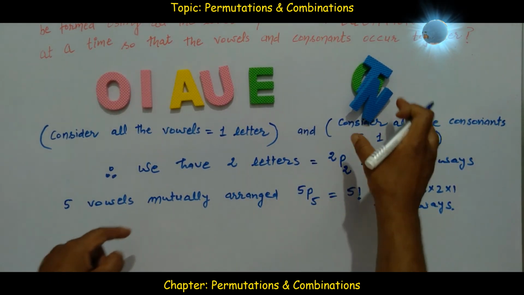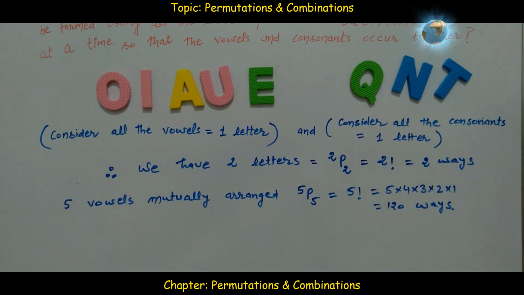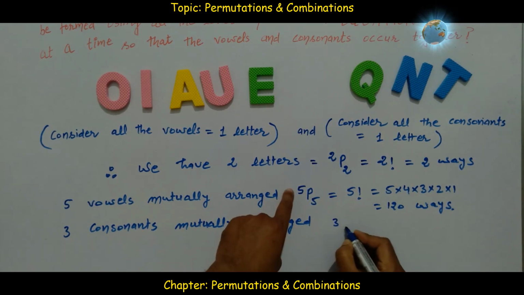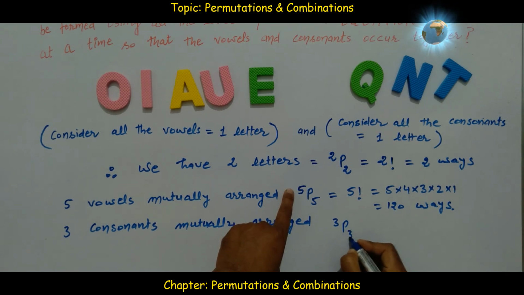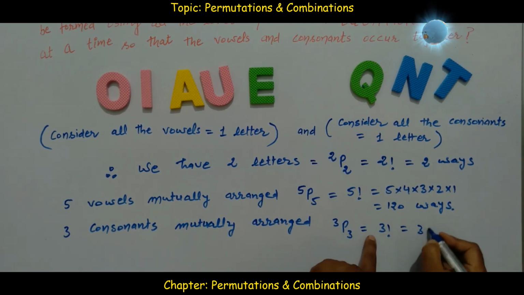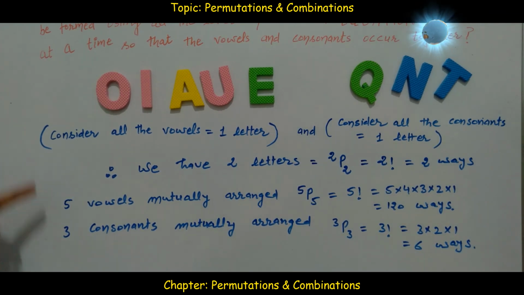Similarly, here we have the consonants. We write here 3 consonants; when they are mutually arranged, that is, all the consonants are arranged in 3 factorial ways, that is 3 into 2 into 1, which equals 6 ways. Okay, so these are the cases.